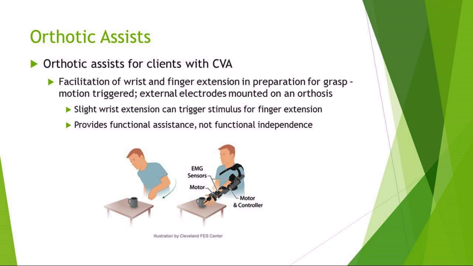They have external electrodes, and a slight wrist extension can trigger the stimulus for finger extension. It provides functional assistance but not functional independence. In other words, it allows them to do the functional activity when they have the orthotic assist device on, but they can't do it without the device, if that makes sense.